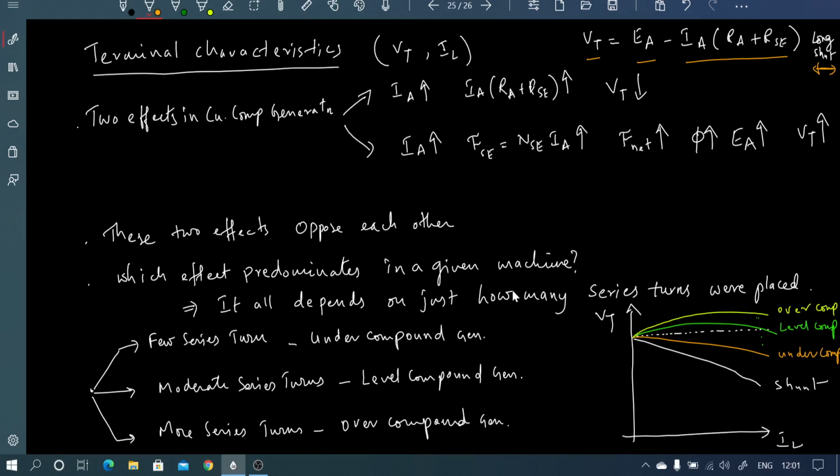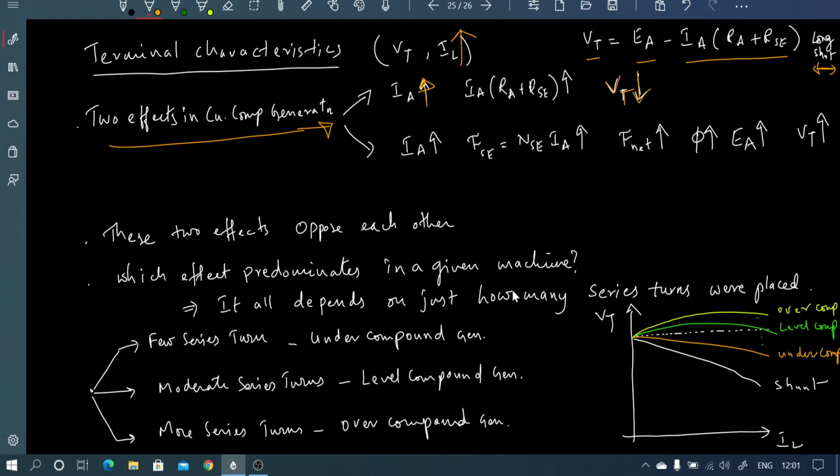Now there are two effects in a compound generator with the increase in load current. One is that with increasing IA, the IA into RA plus RSC drop increases, which causes VT to reduce.